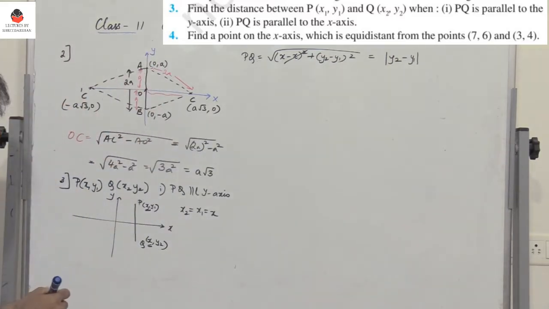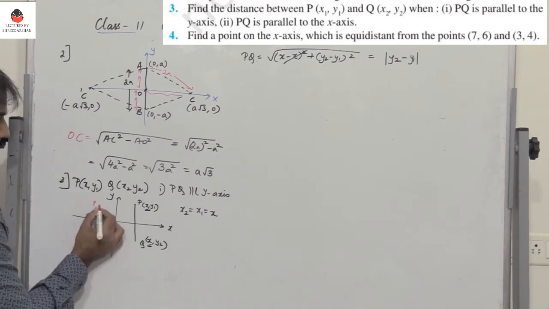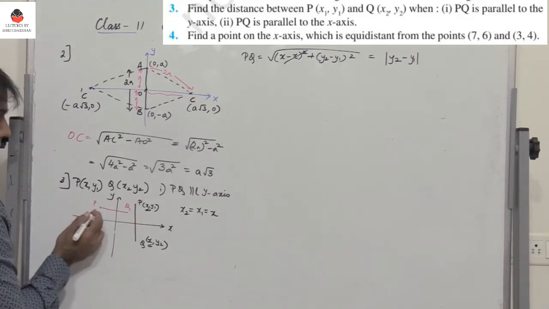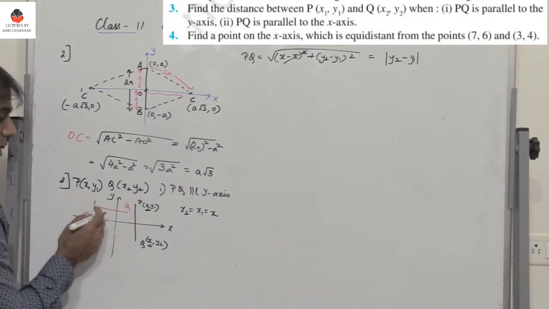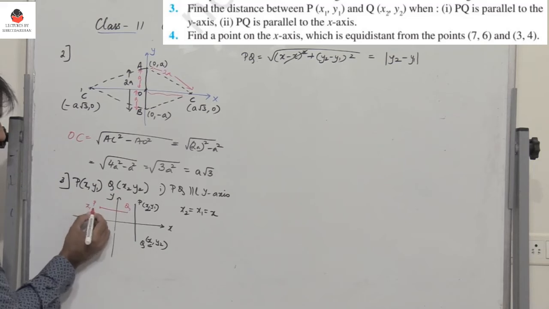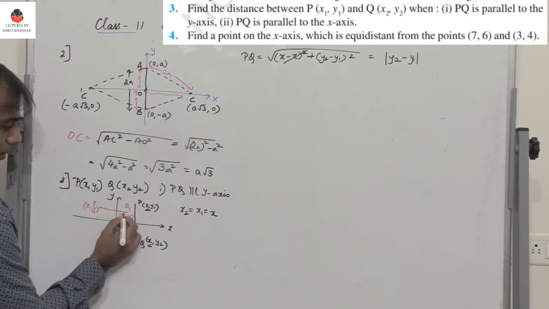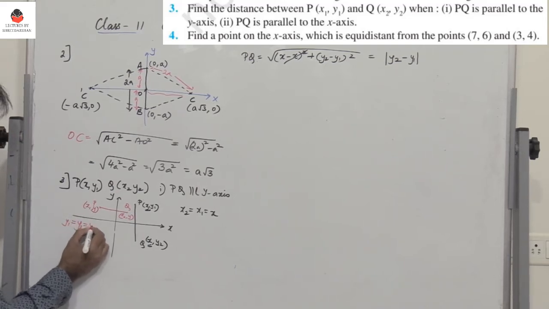In the second case, I have PQ parallel to the x-axis. Let's say this is P and Q for the second case, parallel to the x-axis. In that case, the y value of PQ will be the same. So I have x1 comma y and x2 comma y, so here y1 equals y2 equals y.